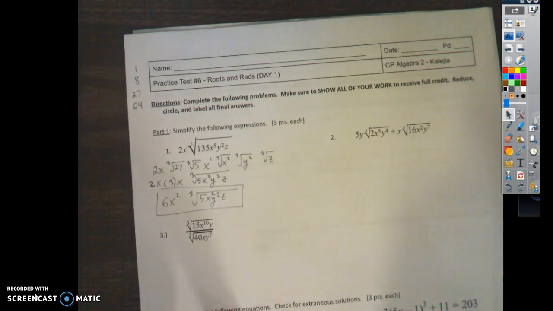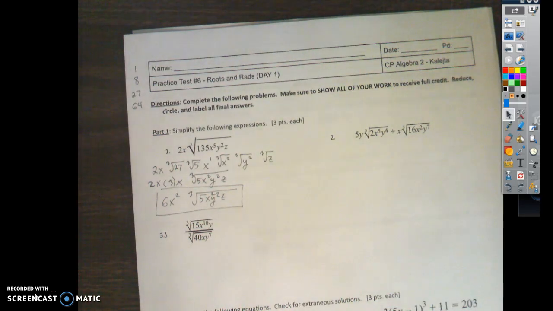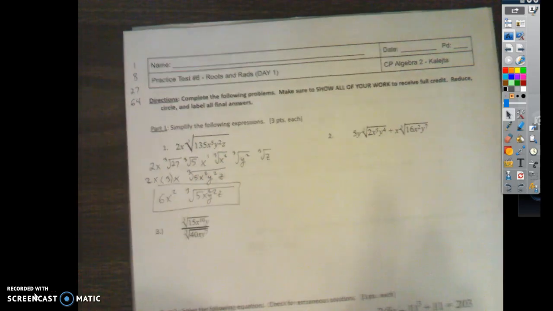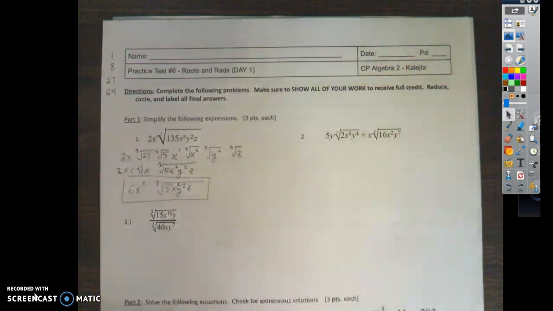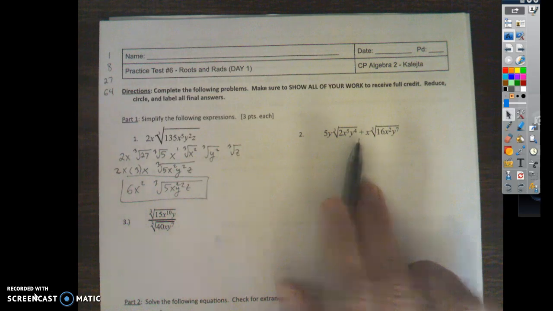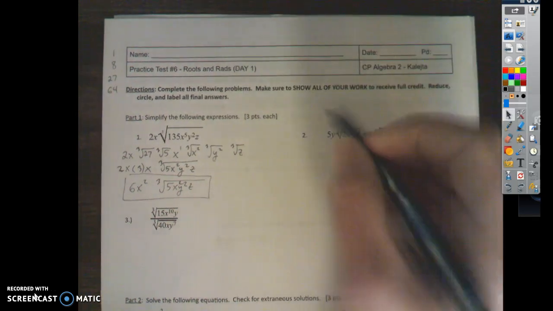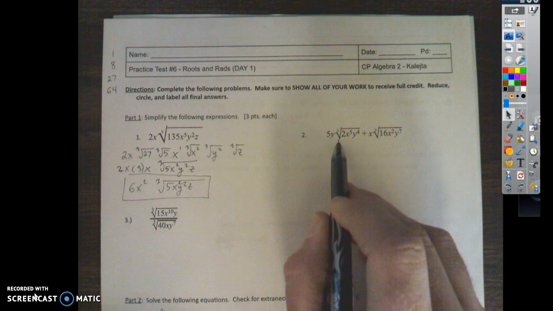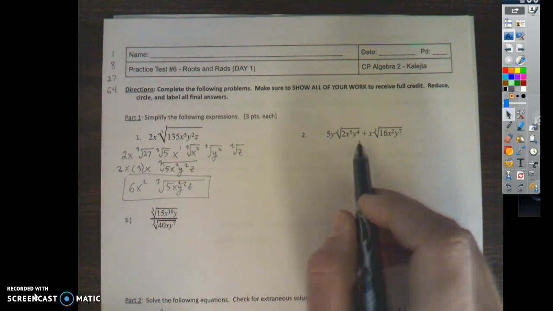1 down. There's only 6 problems on the first day. Over here, number 2. This is the exact same thing as the first one, except there's a plus sign here. If on the test it was a minus, you would just subtract. Let's see if we can break this down. I've got 5y times the cube root of 2x to the 5th y to the 4th.